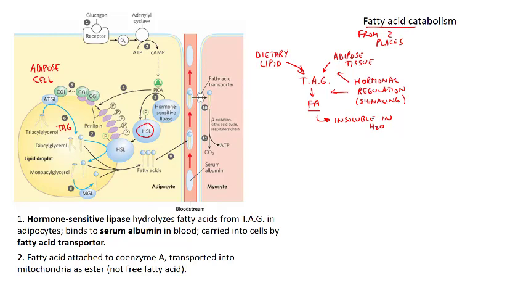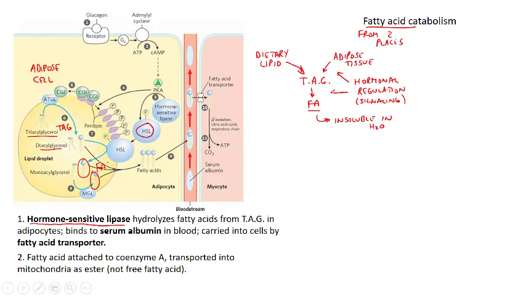So here's how the whole process works. There's this enzyme called HSL, or hormone-sensitive lipase. This is not the only enzyme that's involved in fat breakdown, but it's the most important one. So fatty acids are released from triacylglycerol by hormone-sensitive lipase. Hormone-sensitive lipase cleaves triacylglycerols and diacylglycerols into fatty acids. It just cuts them off of the glycerol.